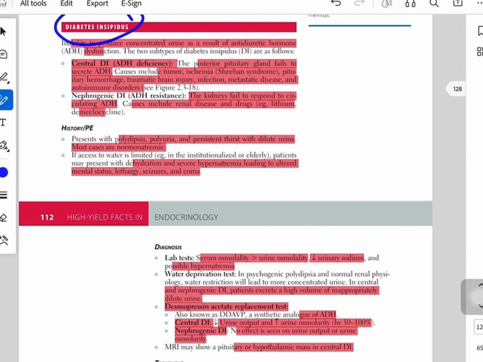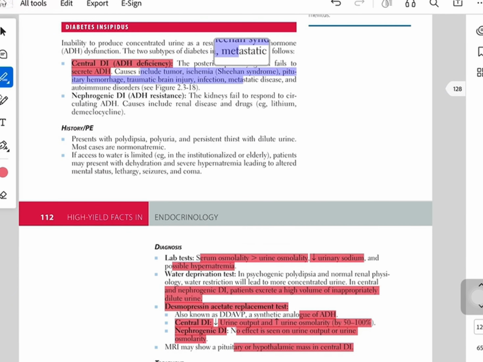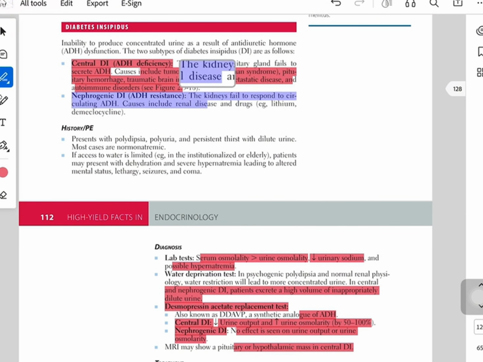Diabetes insipidus: here is the central diabetes insipidus, where the posterior pituitary fails to secrete ADH, due to tumor, ischemia, metastatic causes or autoimmune diseases. Nephrogenic: there's a problem with the kidney responding to circulating ADH. Causes include renal diseases and drugs: lithium, demeclocycline, tolvaptan, conivaptan.